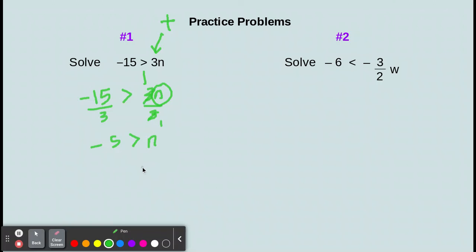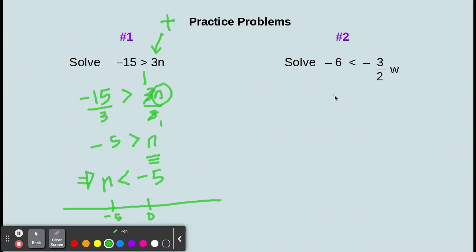So here's that funny way where the variable is on the right side. We want to switch it so that we say n is less than negative 5, right? But let's write it this way. n is less than negative 5. Now you, on your number line, need to find negative 5, and you need to graph this.